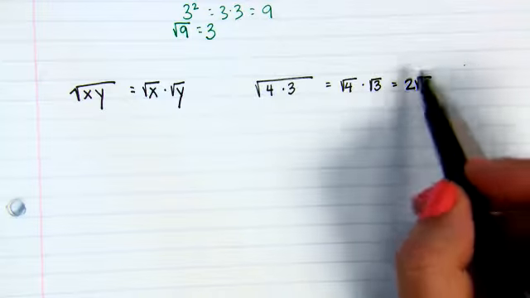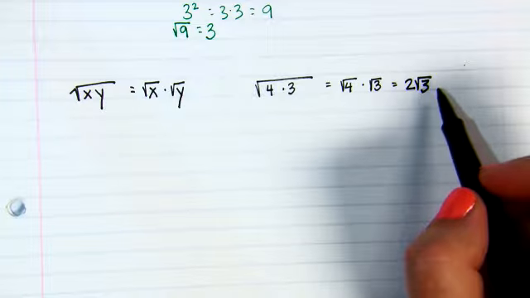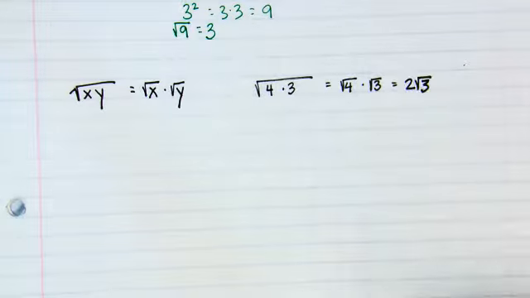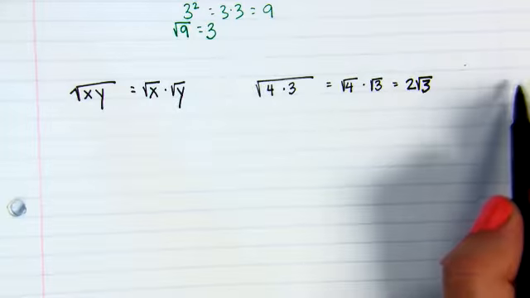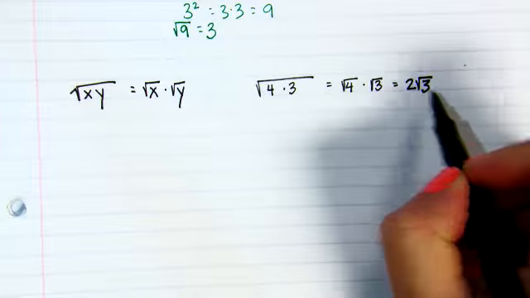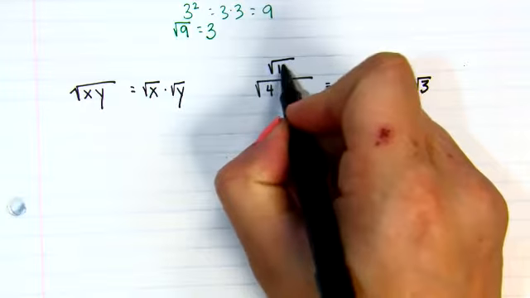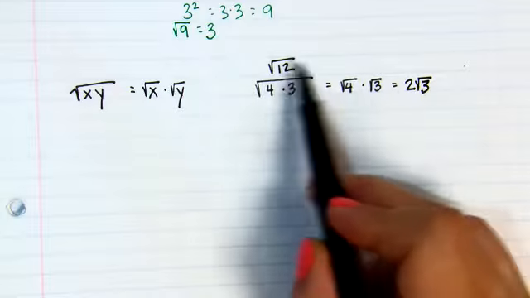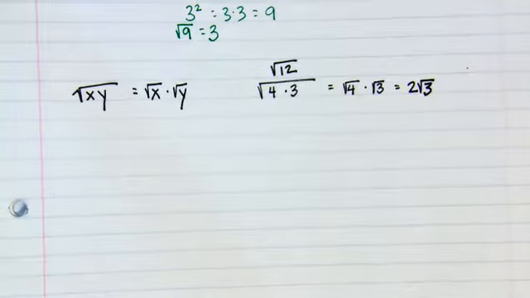The square root of 3 is not a rational number. It doesn't work out to be anything that looks nice. It's just a number with a decimal that goes on forever without ever repeating, so it's irrational. So this is how I would write the square root of 4 times 3. Now think back, square root of 4 times 3 is actually the square root of 12. So this is a way of simplifying the square root of 12, and we'll get to that in a minute.